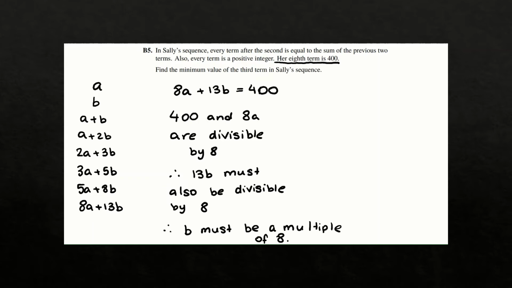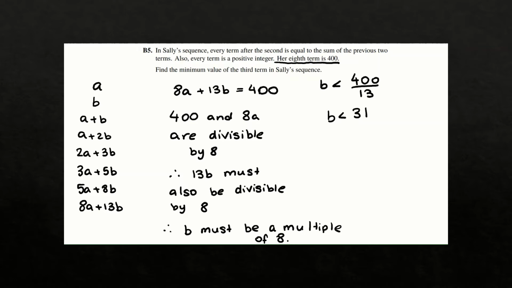Now, it's also important to note that the value of B must be less than 400 divided by 13. 400 divided by 13 equals around 30.7, which is approximately 31, and hence B must be less than 31.